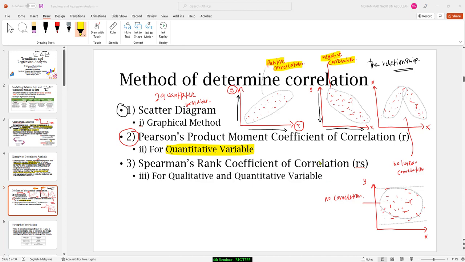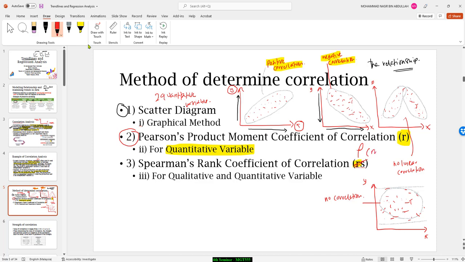Okay. So in Pearson product moment coefficient of correlation, we're going to measure the correlation by R value. Right? R is the symbol for correlation. Dan satu lagi kita ada Spearman rank coefficient of correlation, RS. Normally kita tak letak RS lah, kita letak rho. Right?